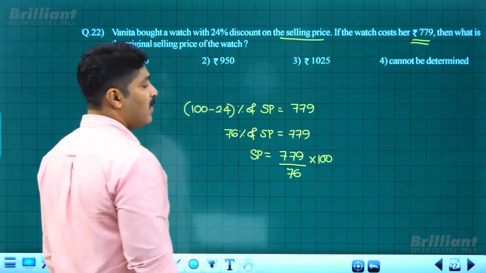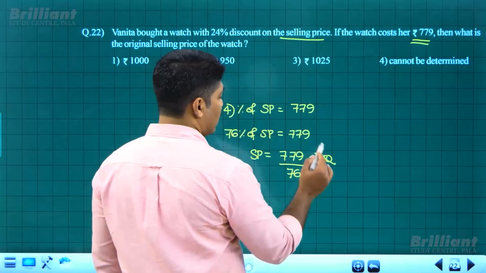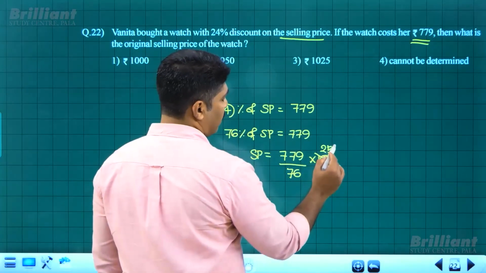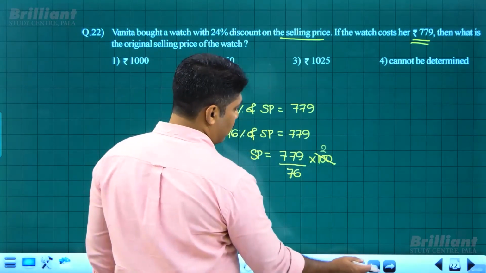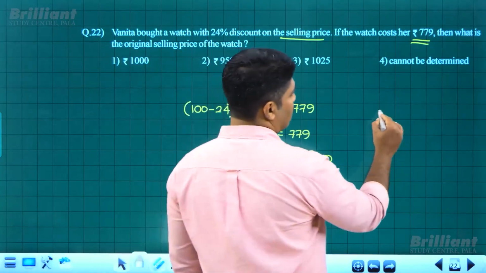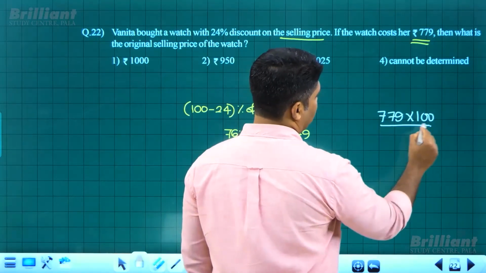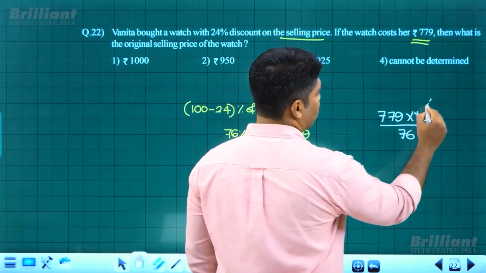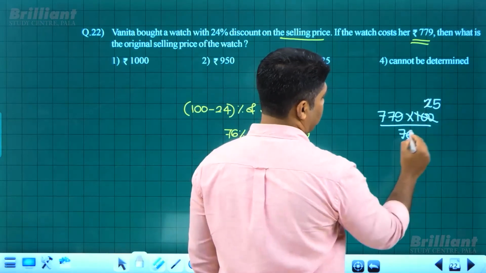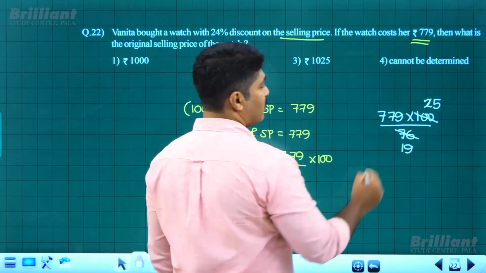While simplifying these values, easily we can catch that 100 by 76 is 25 times 4. I am doing the simplification in the margin separately. This is 779 into 100 by 76. So this is 25 times 4. What about this one? This is 19 times, right?